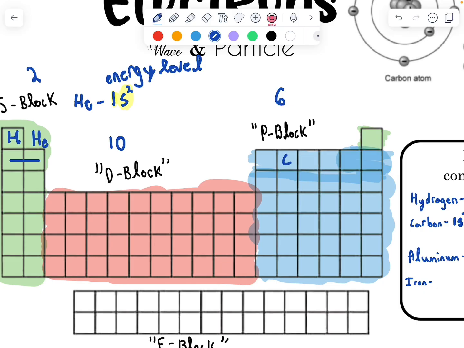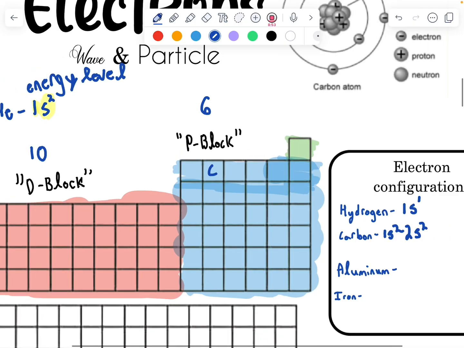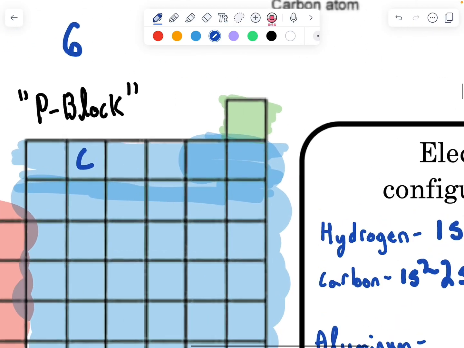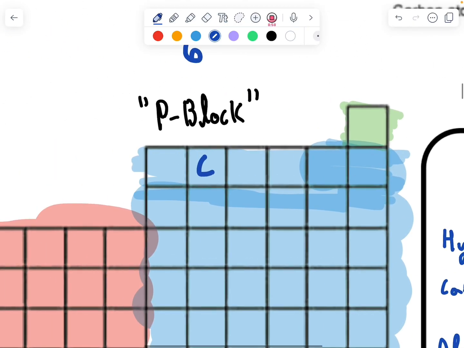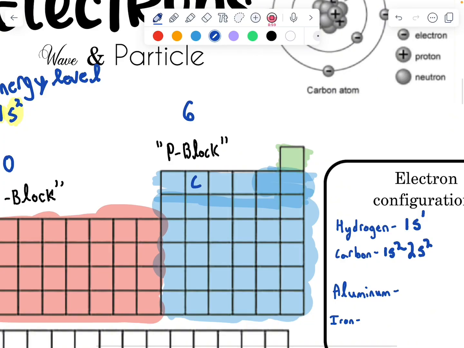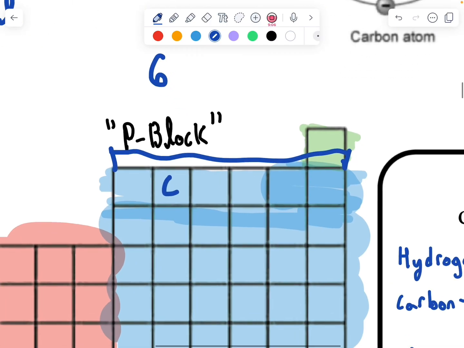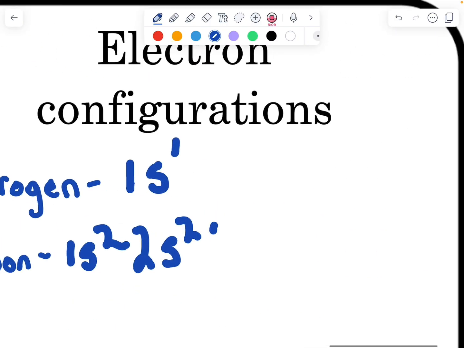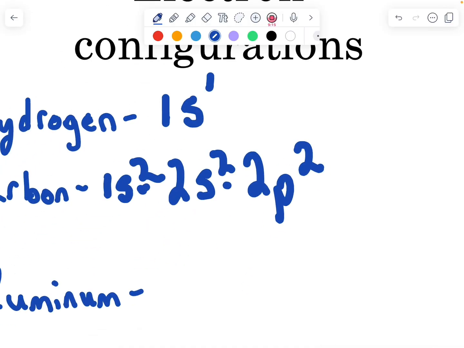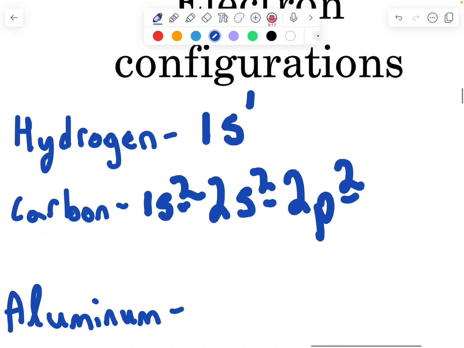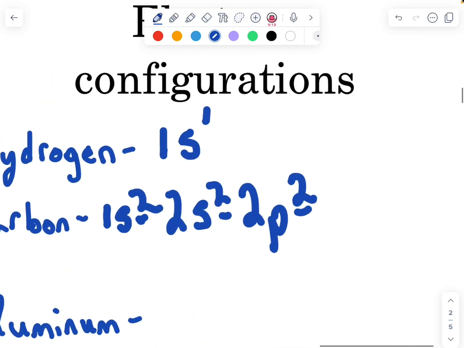And so then we are going to say this is 2p because we don't have a 1p block. We only have a 2p block because there's no block right here because helium moves over. And then we have 1 and 2 electrons. So we're going to say this is 2p2, and this makes sense because we have 2, 4, 6 electrons, and carbon has 6 protons.